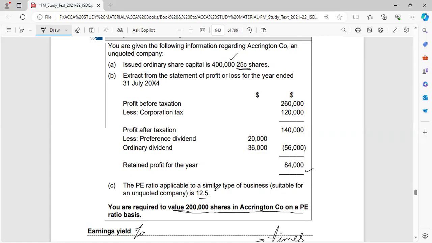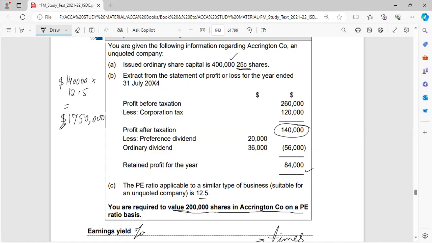So the P/E ratio is 12.5 and earnings after tax are 140,000. 140,000 into 12.5 is 1,750,000.